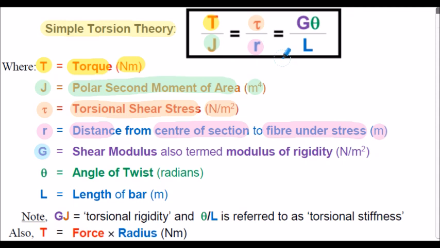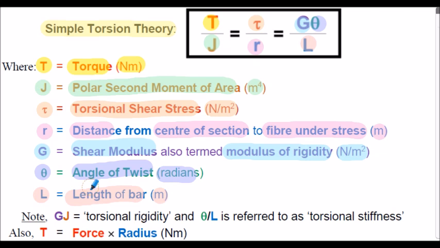Capital G is the shear modulus, also termed the rigidity modulus, and that's in newtons per meter squared. Theta is the angle of twist in radians, and L is the length of the bar or shaft in meters.